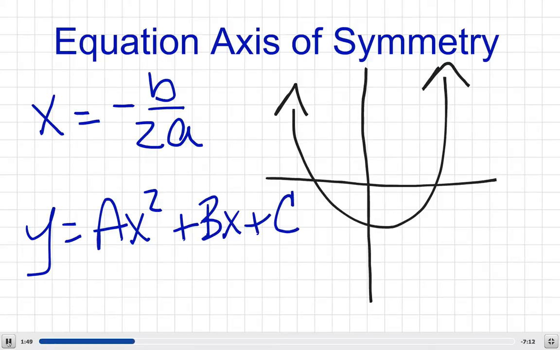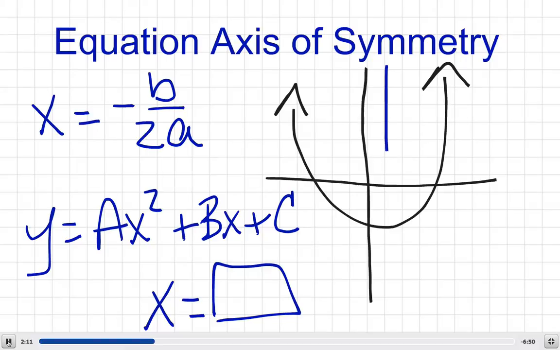And remember, when we are talking about linear equations, any equation that is x is equal to a certain number is going to be a vertical line because it has an undefined slope. So therefore it's not going to cross our x-axis. So if we say that this would be our axis of symmetry, for example, then when we have an x is equal to line, it's the same equation of the line.